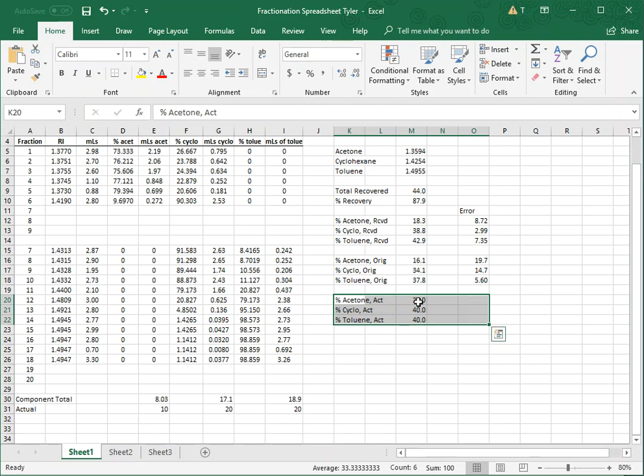So what we've done to get these numbers is that we have taken 10 milliliters of acetone divided by 50 times 100, because this is how much acetone you should have had in the 50 ml sample that you should have recovered. Do the same thing for cyclohexane, 20 divided by 50, and the same thing for toluene, 20 divided by 50. And this gives you actual percentages of each one of those components.